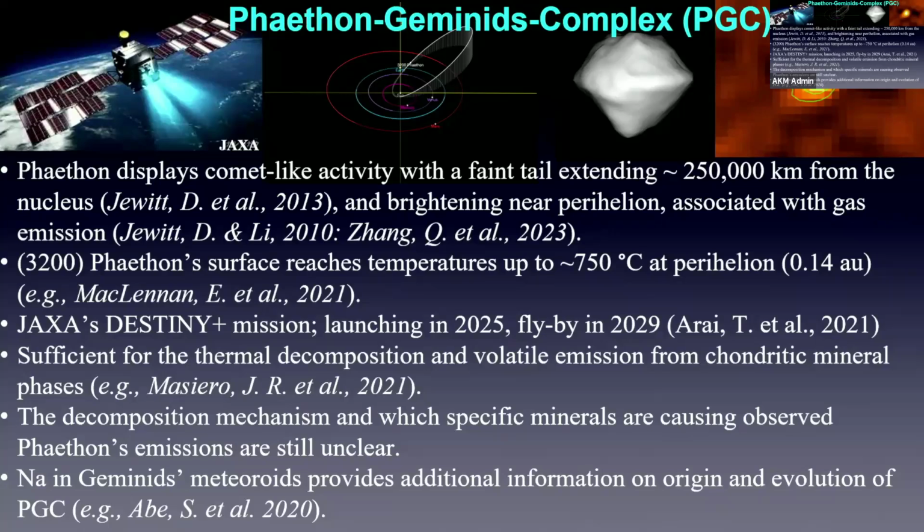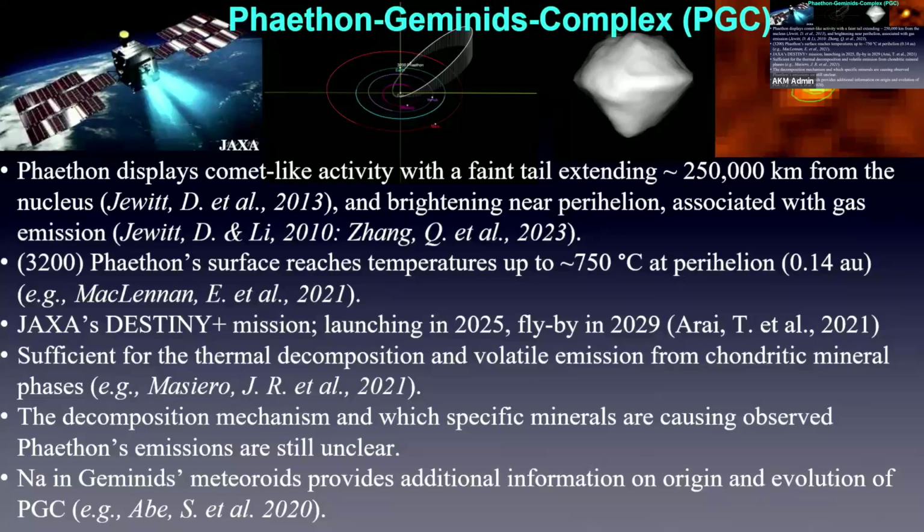Moreover, JAXA, where I'm a member of the DESTINY+ mission, will launch in 2025 and flyby Phaethon in 2029. It was delayed for 1 year, but the arrival year is still the same. Surface thermal decomposition and volatile emission from chondritic mineral phases was proposed by this paper.